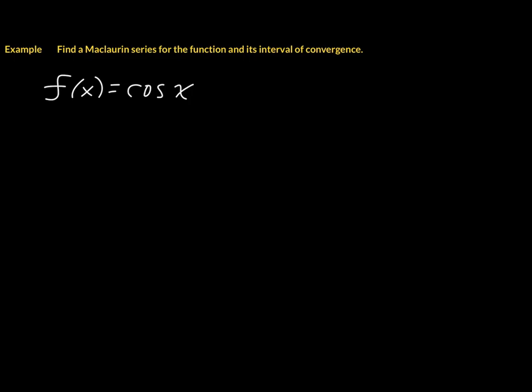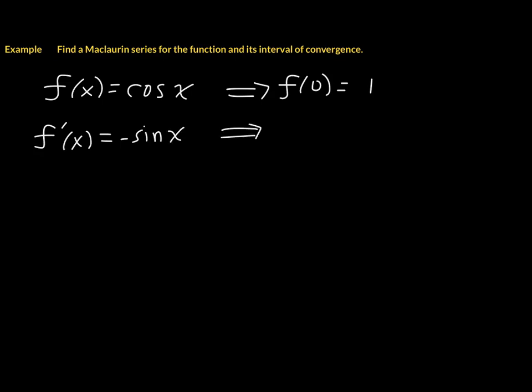Let's go for it now. If f is cosine, that means f of 0 is cosine of 0, which is 1. f prime of x is negative sine of x. This implies that f prime at 0, which is your center, is 0. f double prime is equal to negative cosine of x.